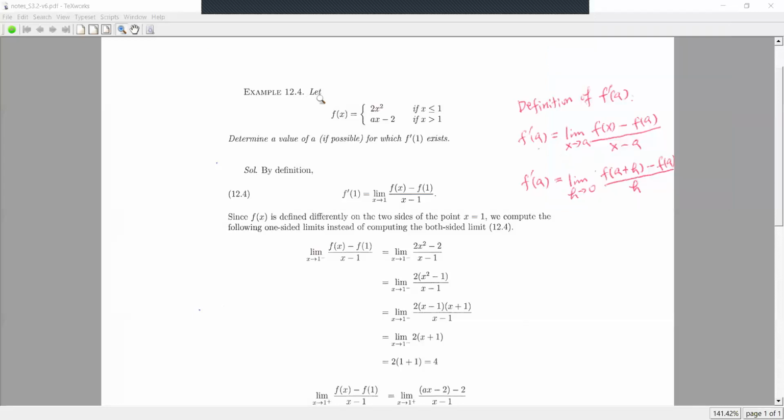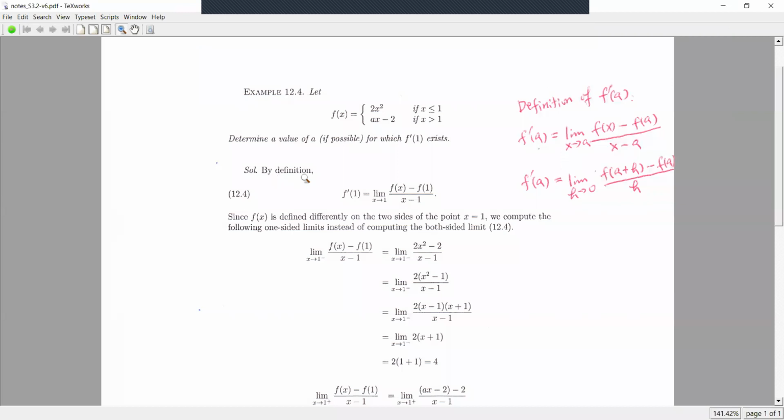Example 3. Let f be this function. This function is defined piece by piece. The a here is some number. Now, determine a value of a so that the derivative of the function f at the point 1 exists.